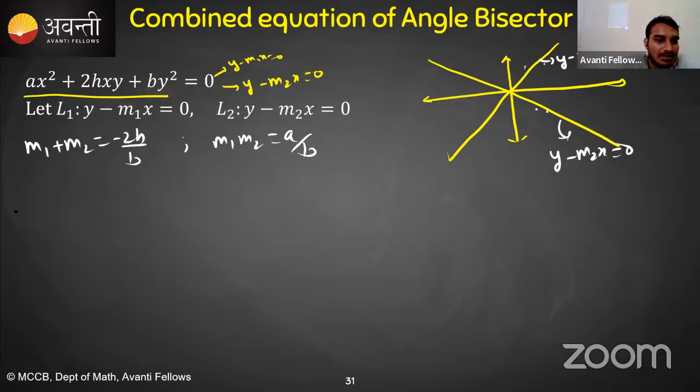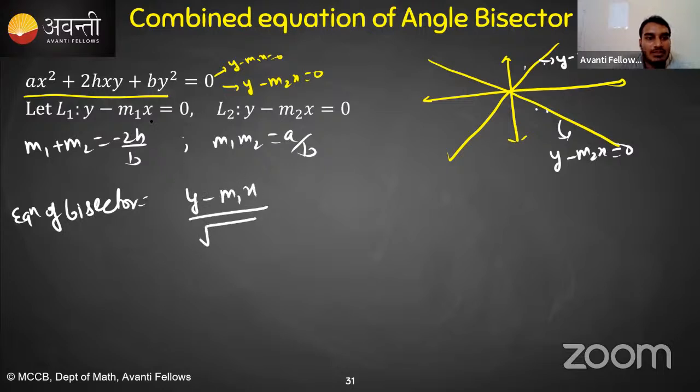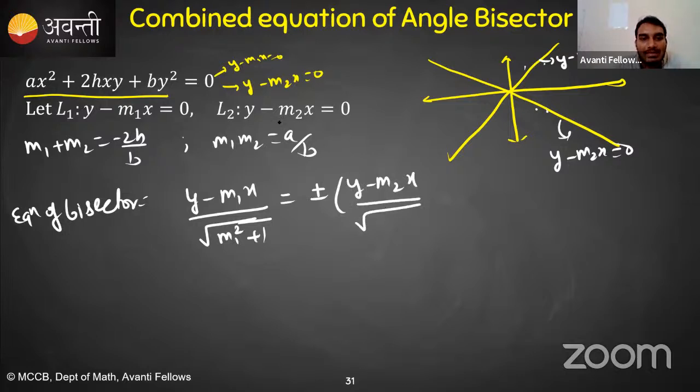The equation of the bisector can be written as: first line upon under root of coefficient of x square, m1 square, plus coefficient of y square, 1, equal to plus minus the second line as it is, upon under root of m2 square plus 1 square. Clear? So this is the equation of the bisector. If two lines are given, we can write the equation of the bisector like this.